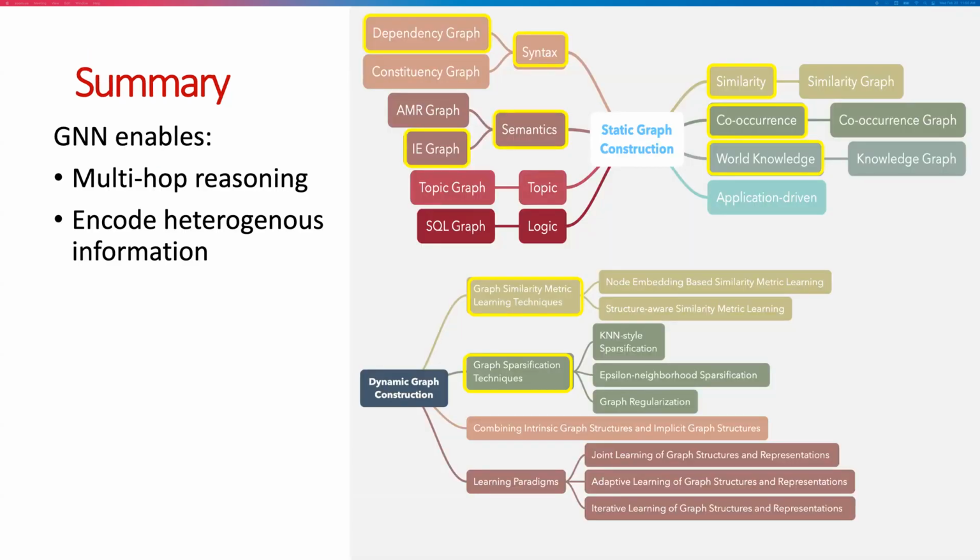In general, in machine reading comprehension, graph neural network is very important because it is a very good way to support multi-hop reasoning, and it also provides a way to encode heterogeneous information from different granularity. We are looking at the document level, entity level, semantic role level, and also the predicates and so on. So that's the end of my part.